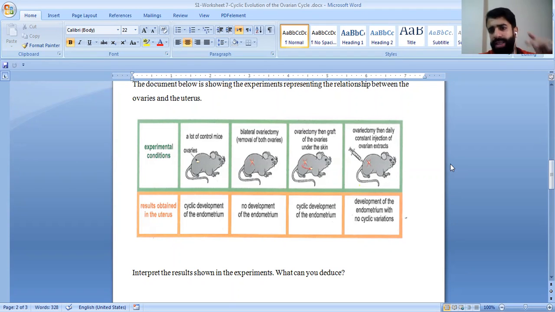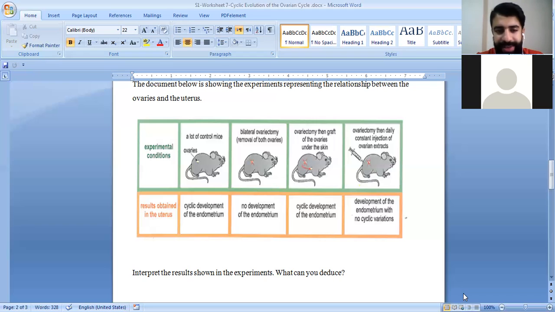Yalla Hassan. Hassan Watfa. Good morning, Hassan. First of all, Hassan, first lot. What is the role of the first lot? The first is the control mouse. Control. What is the role?